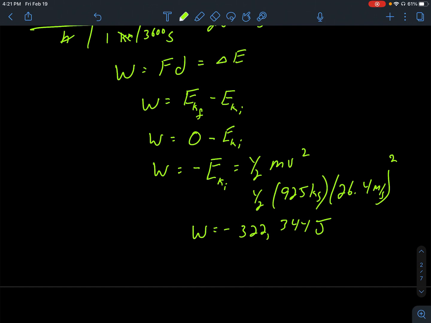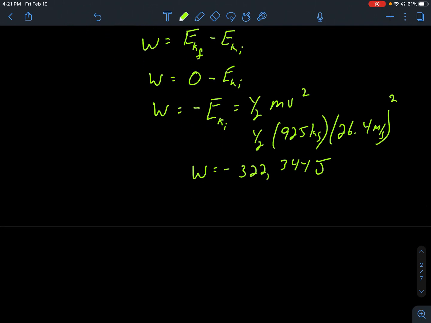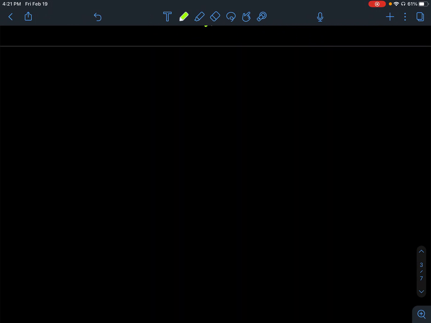Whenever we see big numbers like this, it's sometimes worth noting that it's more correctly expressed in a different version of that unit. So we can write this as 322 kilojoules. We just divided by 1,000. In case you ever see kilojoules used in a problem. So that was 18. The next one we have going is 23.